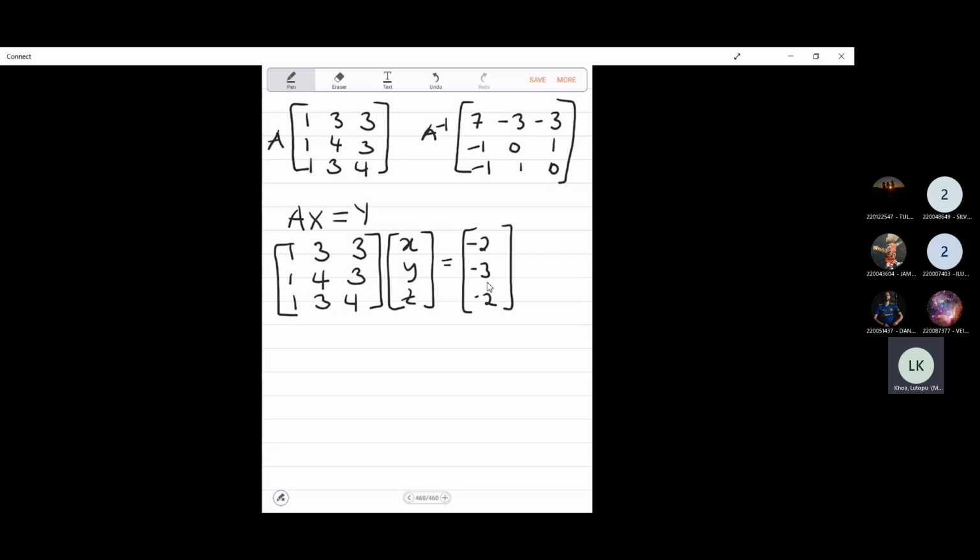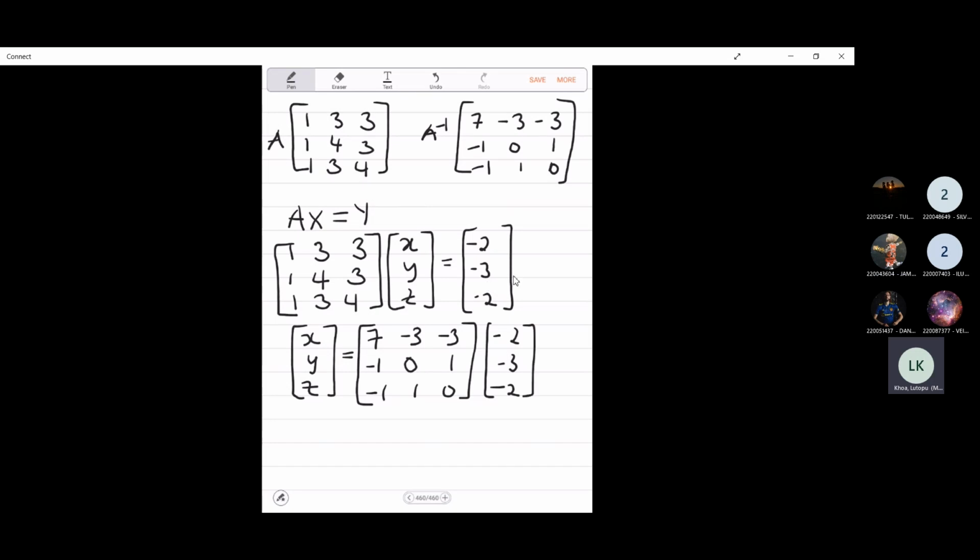Okay, then multiply by A inverse on both sides. So I'll have X, Y, Z equal to 7, minus 3, minus 3, minus 1, 0, 1, minus 1, 1, 0. Then we multiply this by minus 2, minus 3, and then minus 2.